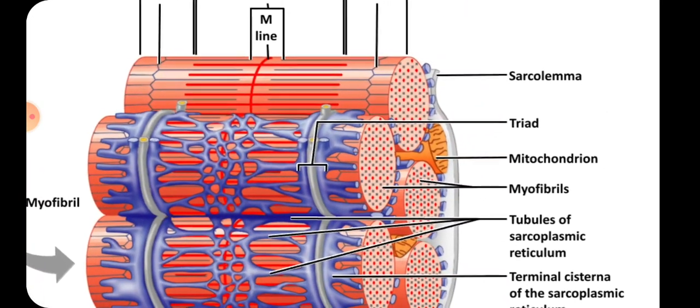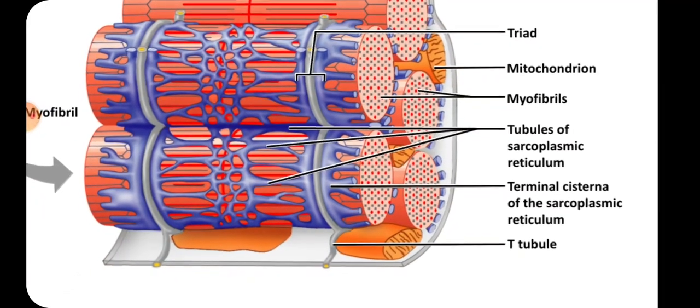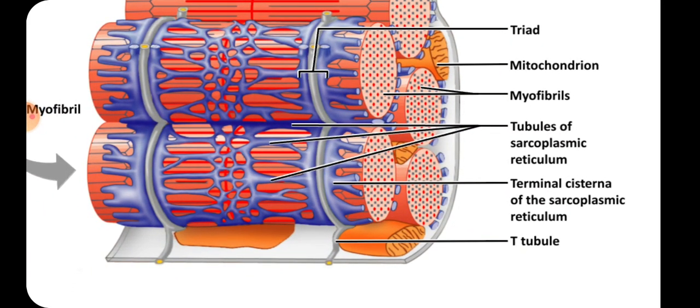Here you can see the sarcolemma, then the triad is depicted, then big orange colored mitochondria are seen, and tubules of sarcoplasmic reticulum can also be seen, shown by the blue color. The terminal cisternae of the sarcoplasmic reticulum are also seen, and then in the end you can see the T tubule.